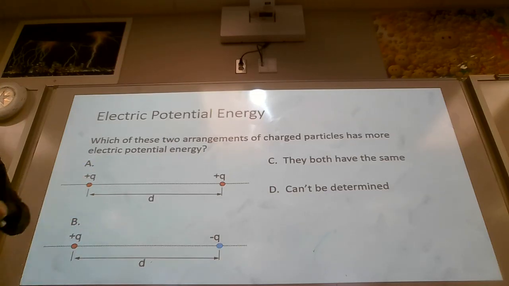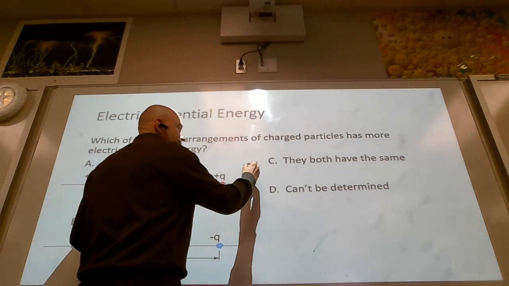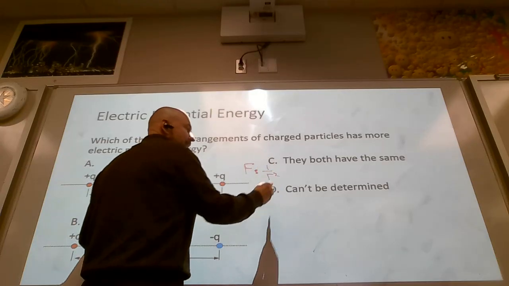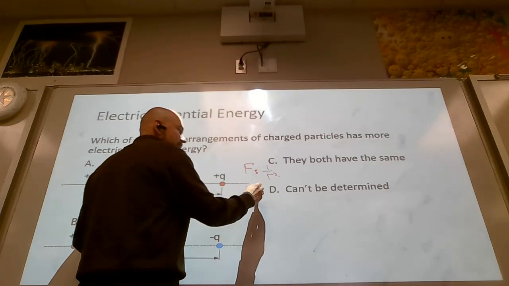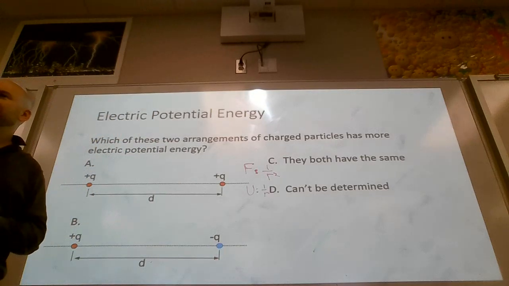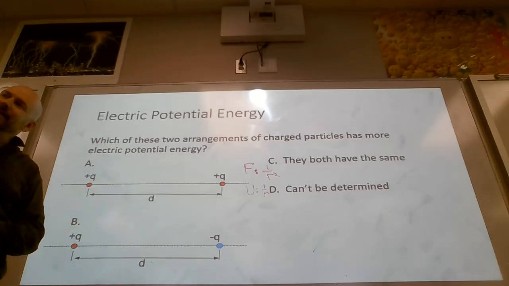Now it is decreasing off like the inverse square law. The force is proportional to 1 over r squared. Potential energy is proportional to 1 over r. We could figure this out with calculus.